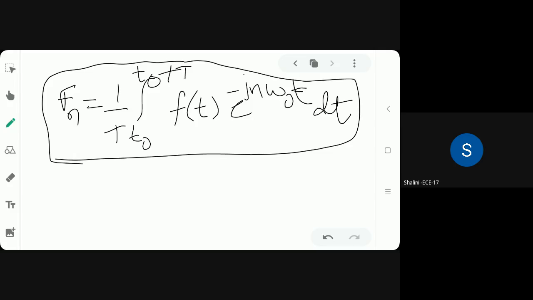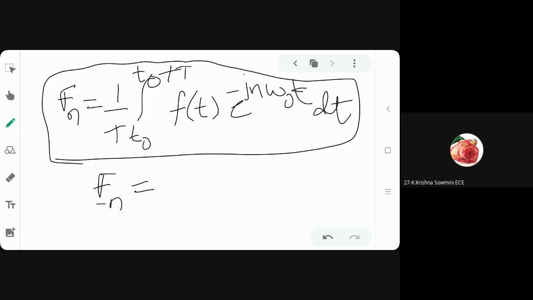Right? In a similar manner, could you tell me what is f minus n equal to? Just replace n with minus n. What is f minus n equal to?